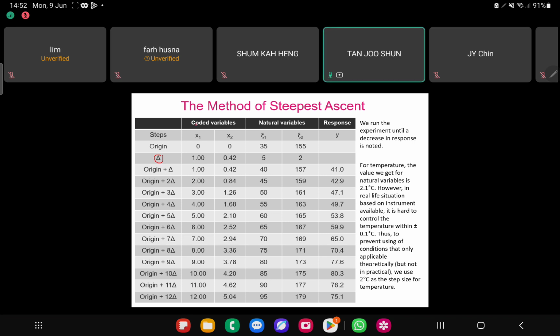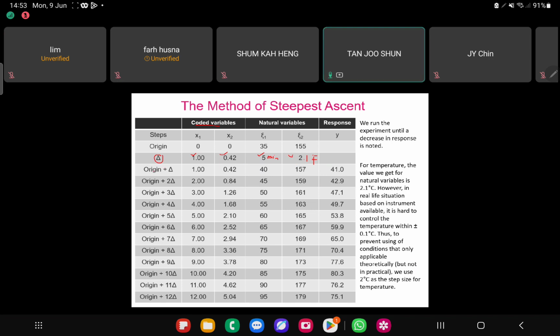Let's say in this coded variable, when I move 1, my x2 will move 0.42, meaning in the actual, when I move 1 unit it is 5 minutes, then this is 2.1 Fahrenheit. But I just make it easy for calculation, that's why I put 2. Based on calculation it should be 2.1, but I make it 2 to be easier.